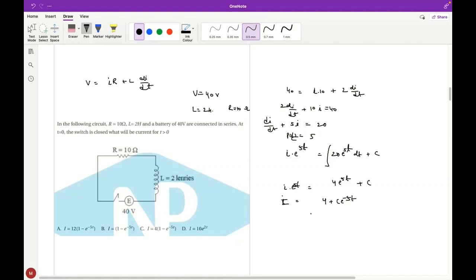When we solve this for t equal to 0, I is 0. So this is given by 0 equal to 4 plus c, which implies c equal to minus 4.